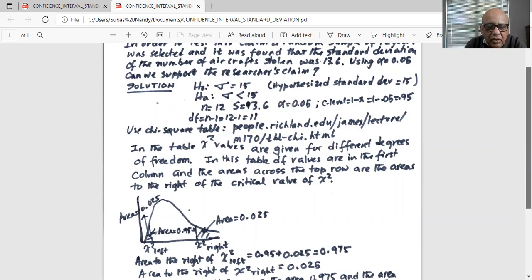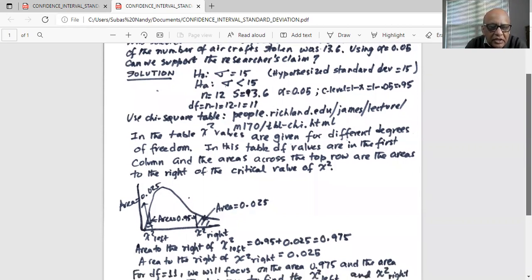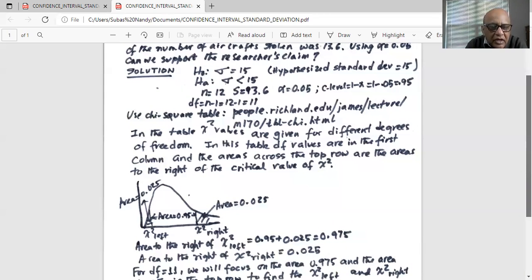And as I said, in the table, the areas across the top row are the areas to the right of the critical value of chi-square. So for a confidence level of 0.95, the area under the chi-square distribution is 0.95 in the center, much like we do for the confidence interval calculation for the mean.